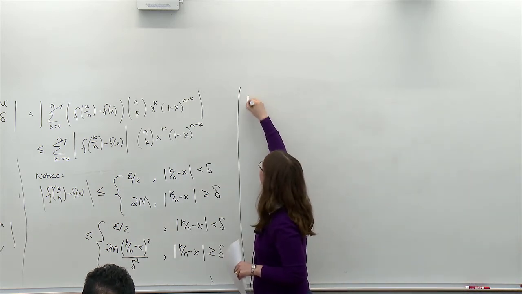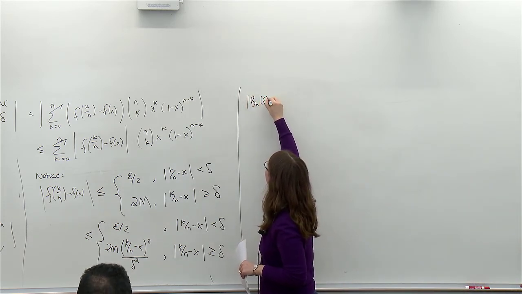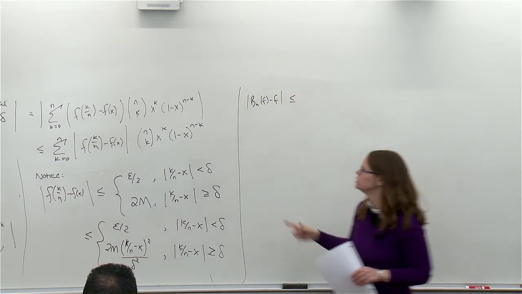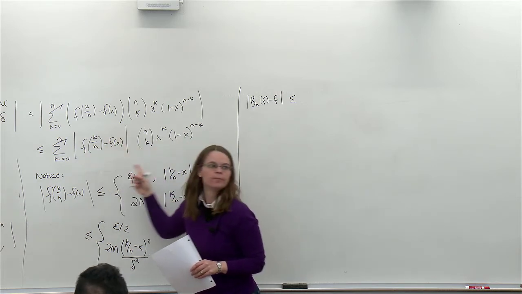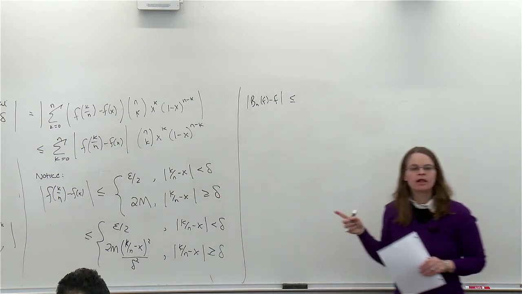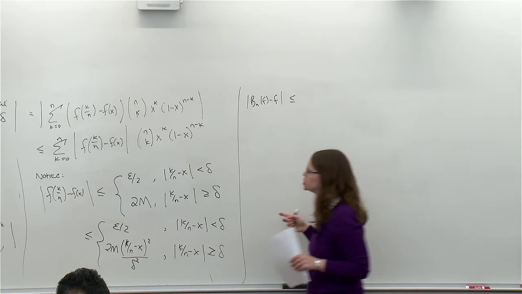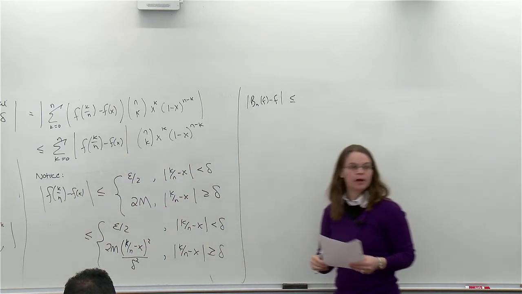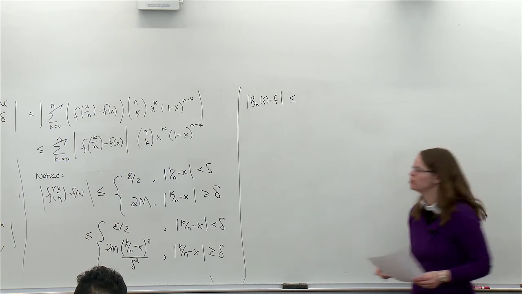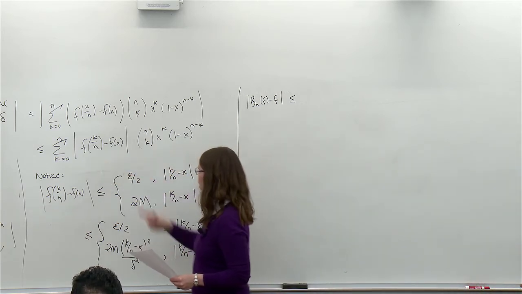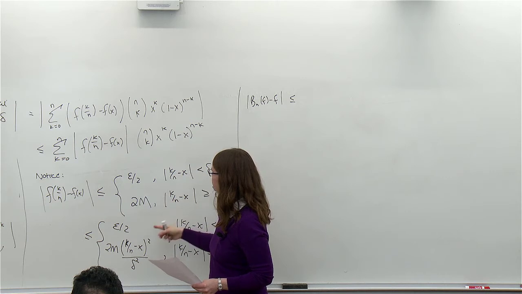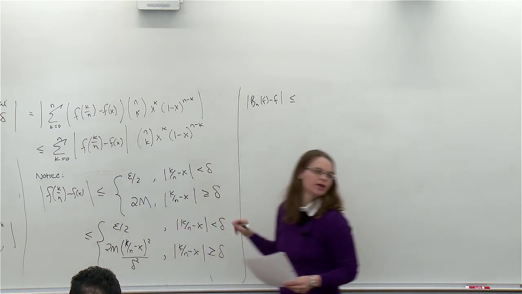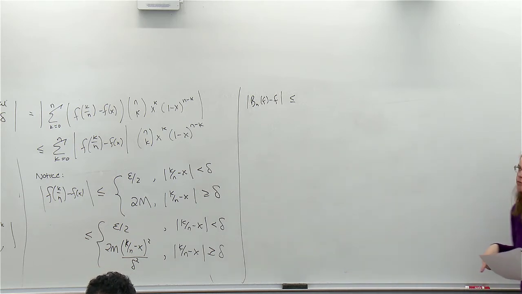So the thing we wanted to check was Bn f minus f. Now we know that this is less than or equal to all of this. Now I'm not quite sure for each particular value of x, which category I'm in. So I'm just going to do the worst case here. I'm going to say, what's the worst case in this category? What's the worst case in this category? And I'm going to add them up, and that will be a bound at least.